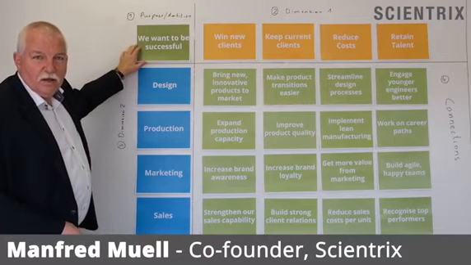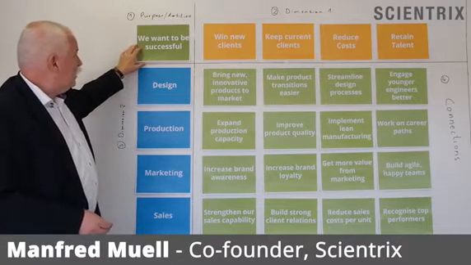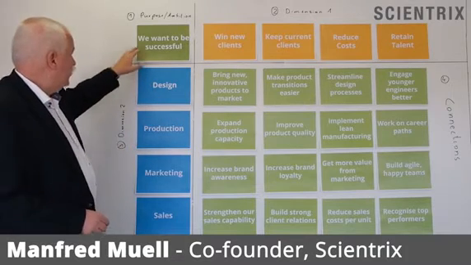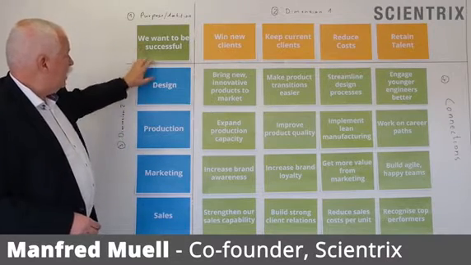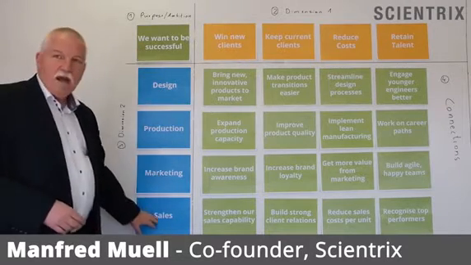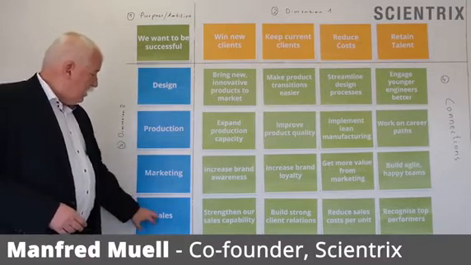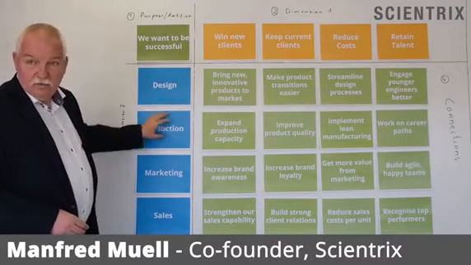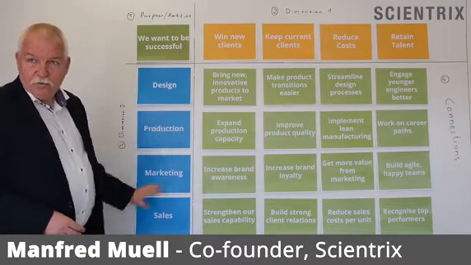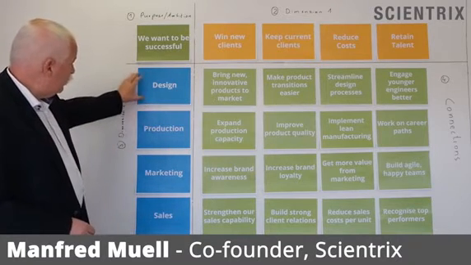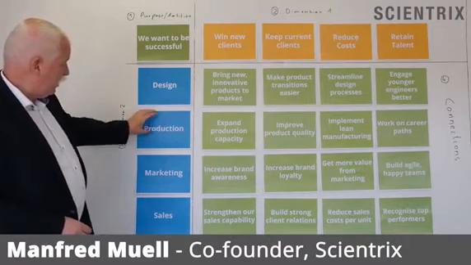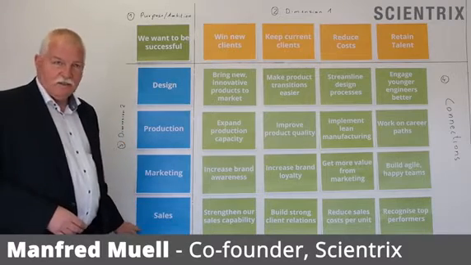Who is we? Who are the people that are involved in creating the success? In other words, we're looking at the responsibility areas that we have. This can be departments, it can be team members, it can be work streams. In this case, we have looked at the departments like design, production, marketing, and sales.